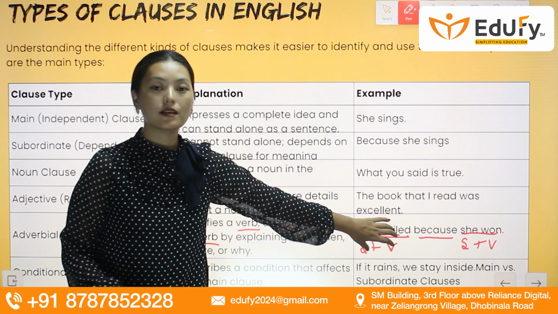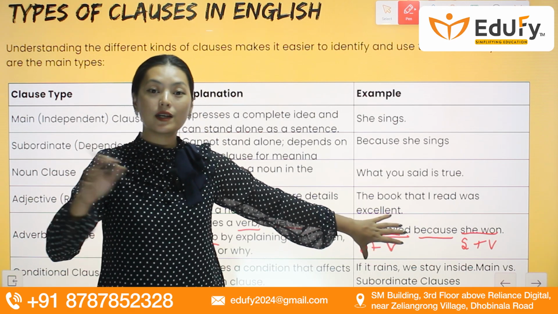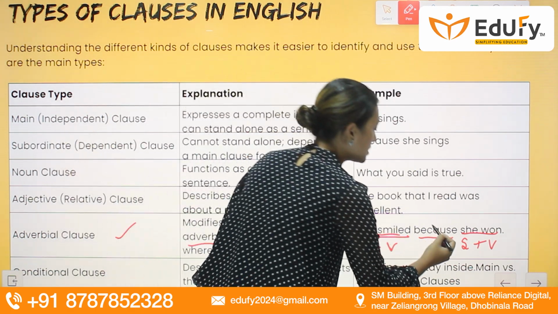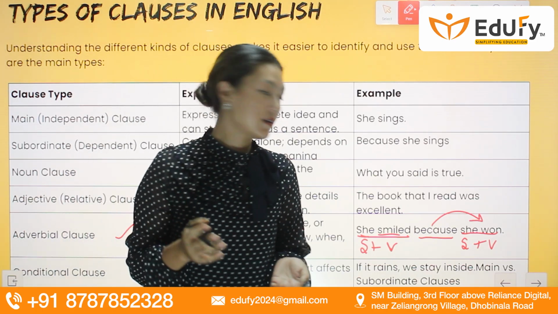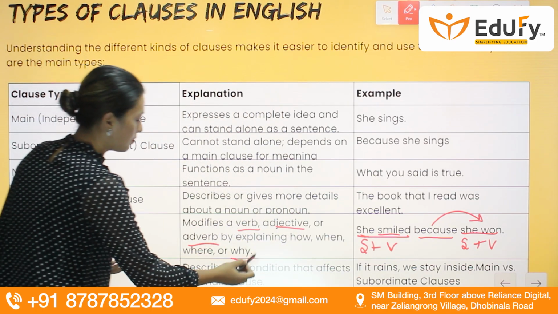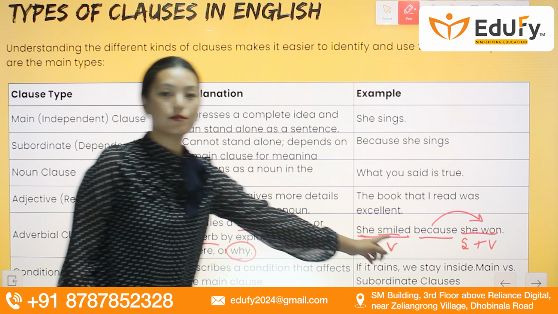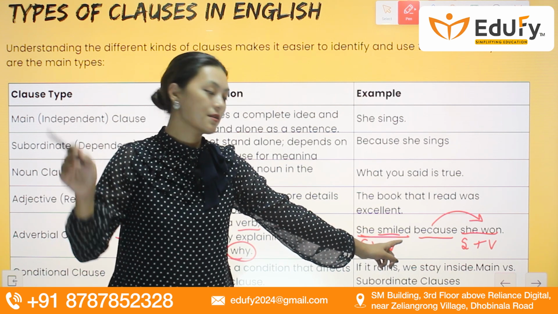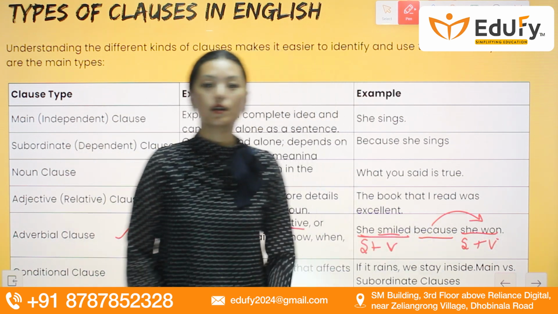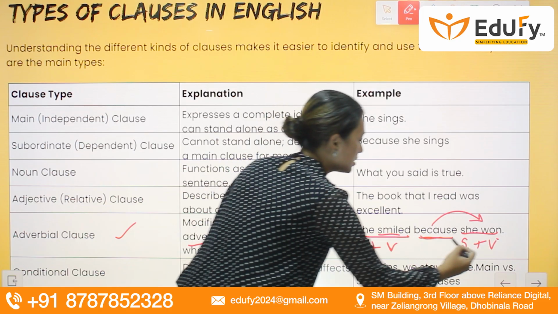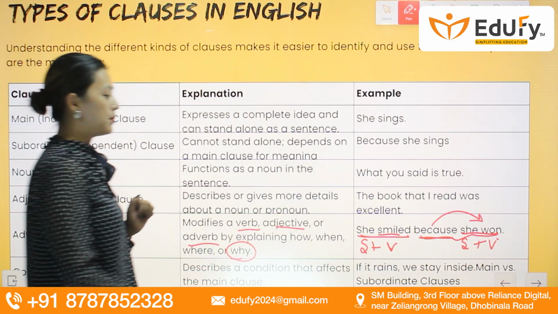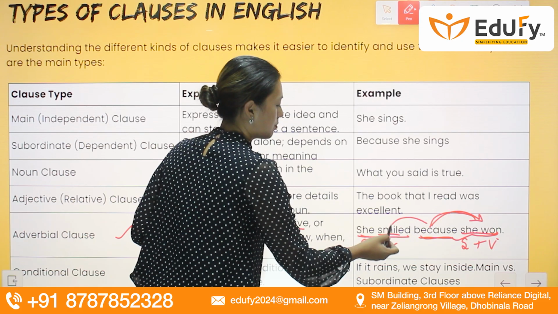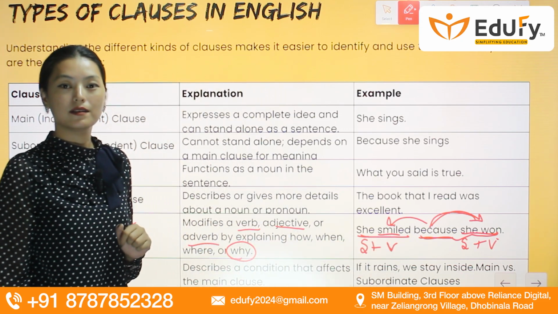So this one is not an adverb, but rather what am I saying? That she won. Right? Why did she smile? It is answering the question of why. What is describing the verb? Because she won. So because she won becomes the adverbial clause. Why? Because it is answering the question of why she smiled.